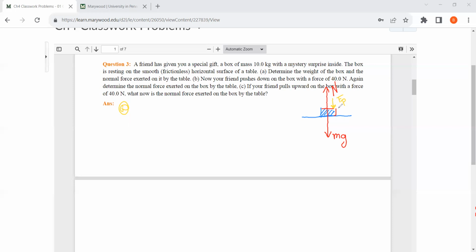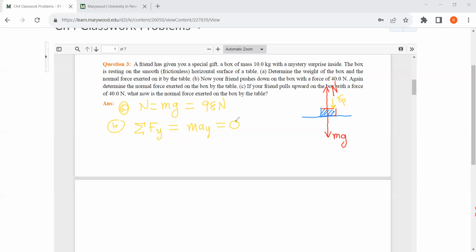In the first problem you see that the normal force was equal to mg, and that was 98 Newton, right? We already see it. Now in number B we can follow the same equation, same rule, same technique, and see what the normal force is now.